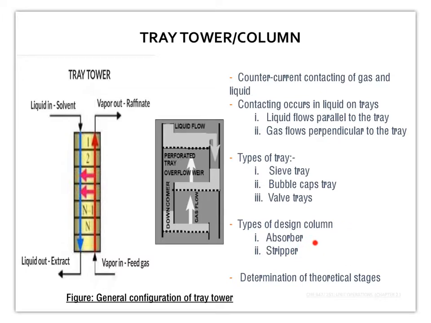One is called absorber, the other one is called stripper. For both designs of the column, we need to determine the theoretical stages of the column. Both absorber and stripper have different applications and different operating conditions.